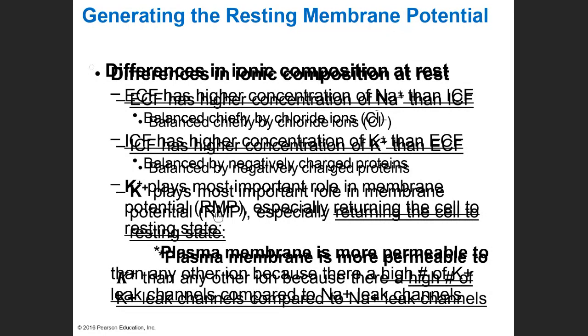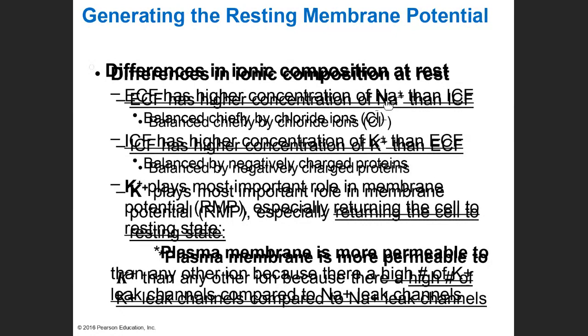Now another thing. Potassium, when you think about resting, let's say, for example, we just had an action potential. Well, we have to end that action potential somehow. And that is going to be caused partly by efflux of potassium. Efflux, meaning potassium will leave the cell. Because what are we having happen during an action potential? During an action potential, we're having an excitation of the neuron, and that is caused by sodium influx.